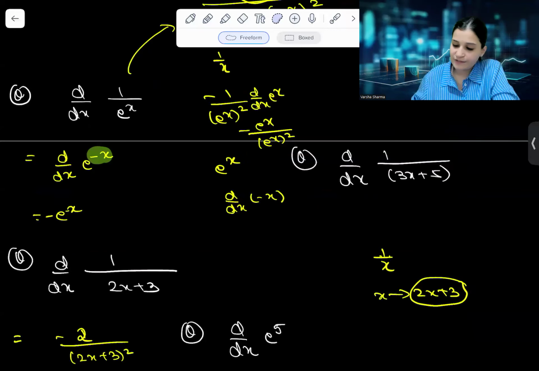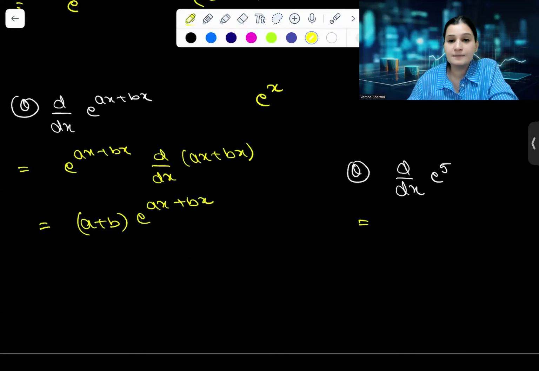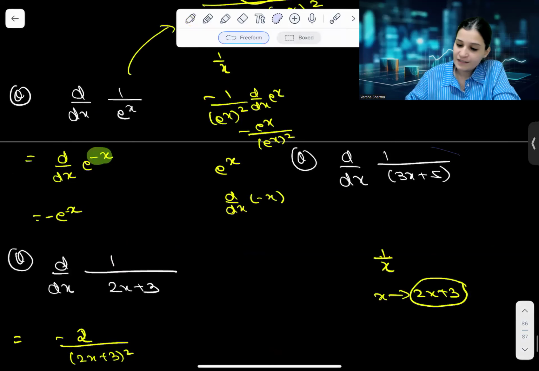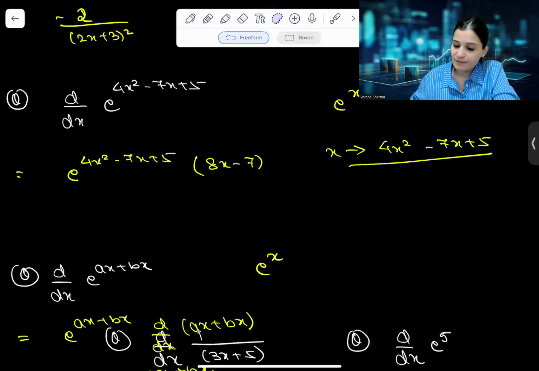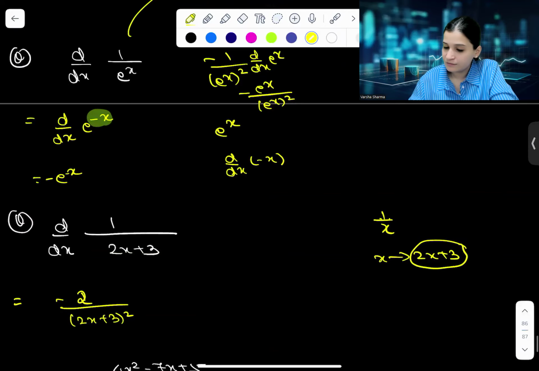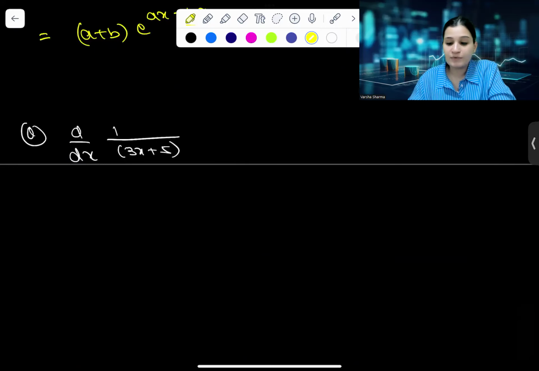Differentiation of e power 5. Is it 0? There is no x. Differentiation of 1 by (3x plus 5) power 10. What was the power? 10. Answer?